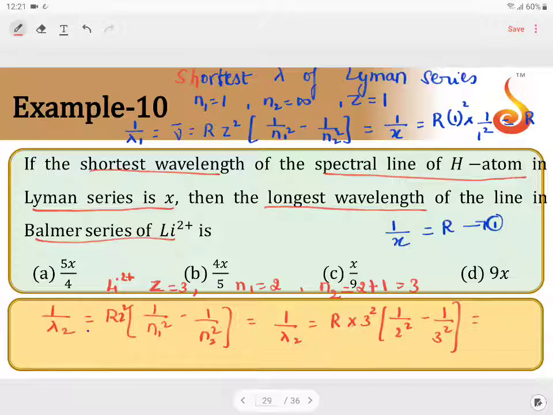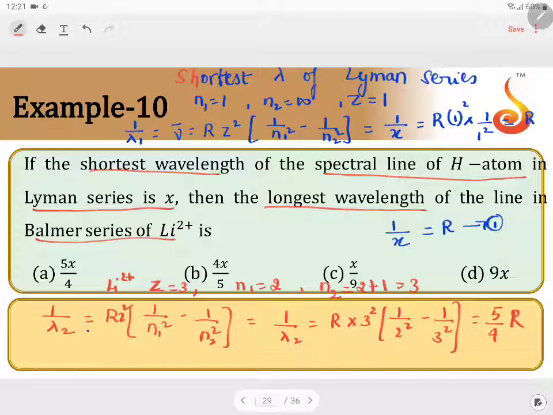So this is 9 minus 4 by 4 into 9, into 9. The 9 and 9 will get cancelled. 9 minus 4 will be 5, so you get 5 by 4 times R.